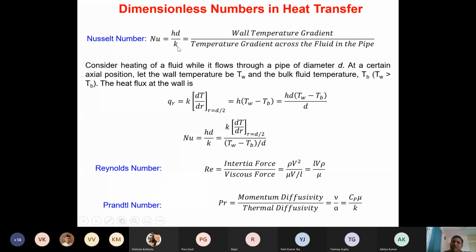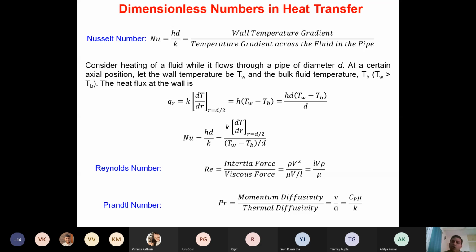For pipe flow, it is hD by k, where D is the diameter. How is it defined? It is defined as the wall temperature gradient divided by the temperature gradient across the fluid in the pipe.